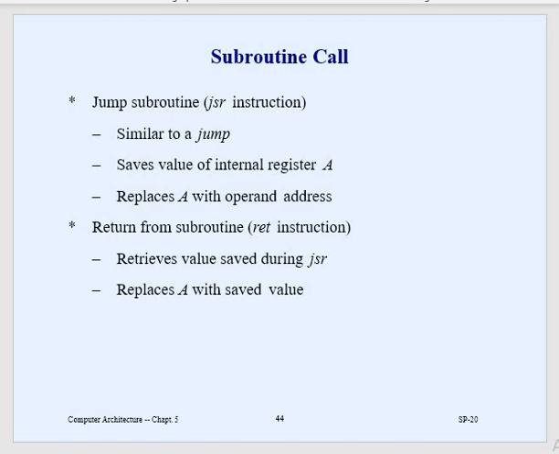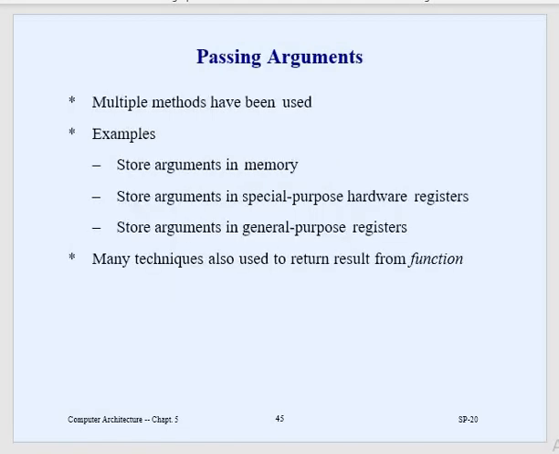So in this way, we call the subroutines and jump commands. And how do we pass the arguments? Passing arguments is another issue. There are multiple methods which have been used for this purpose, and examples include storing arguments in memory.